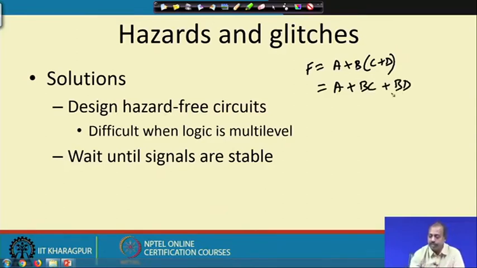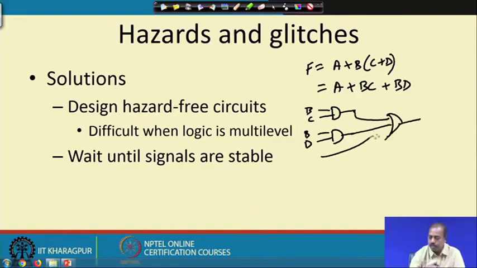If I realize it like this, I have one AND gate which is b c, another AND gate which is b d, and then an OR gate where this line and A are connected. So this is F. This realization has two levels. The first level consists of the AND gates, the second level consists of the OR gate.